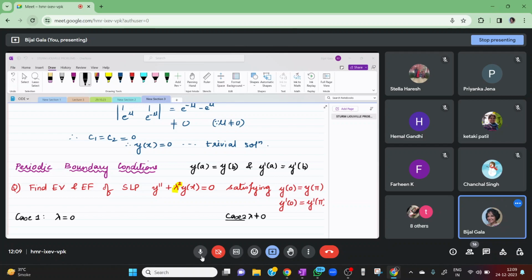Any answers? Yes, please. Is lambda equal to 0 giving you any eigenvalue?